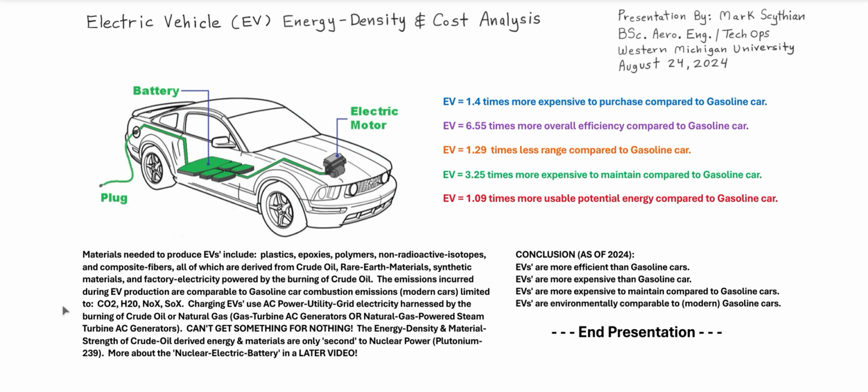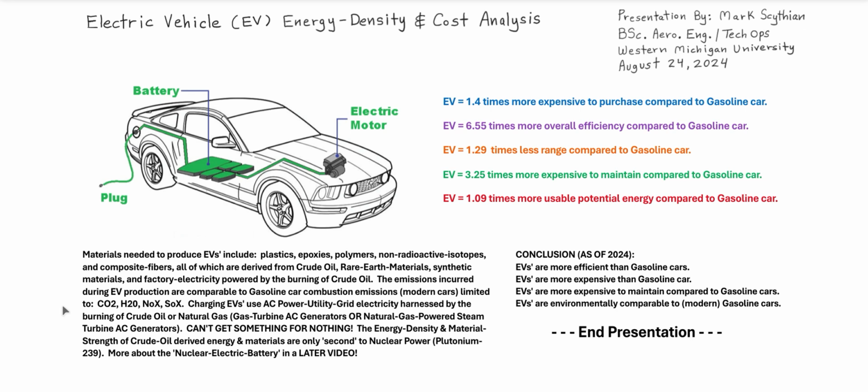The emissions incurred during EV production are comparable to gasoline car combustion emissions. Modern cars from at least 2010 to the present, now in 2024, are limited to CO2 gas, carbon dioxide gas, water vapor, H2O vapor, oxides of nitrogen, NOx, and oxides of sulfur, SOx.